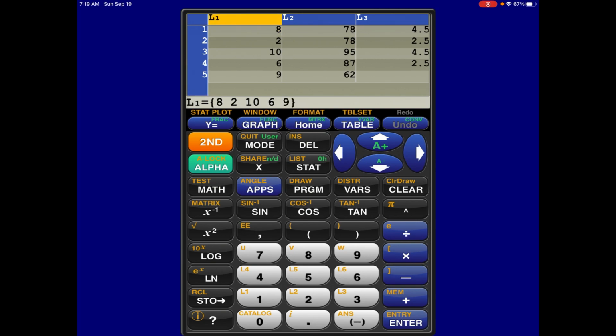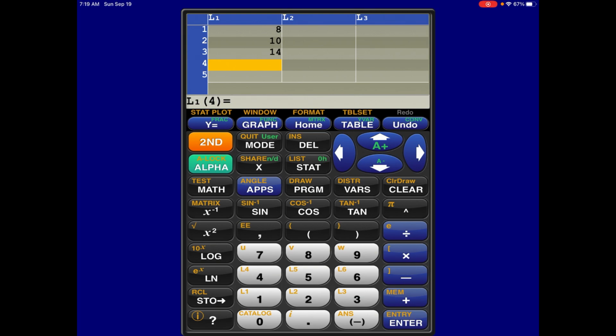This mimics a graphing calculator. If you have one, or if you need help getting one, the school cannot provide you one, but you can download one like this on a tablet or your phone, or I can tell you other ways to get used ones. All right, the first one was 8, enter, 10, enter, and then 14.